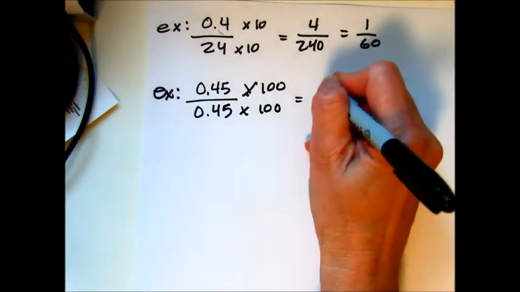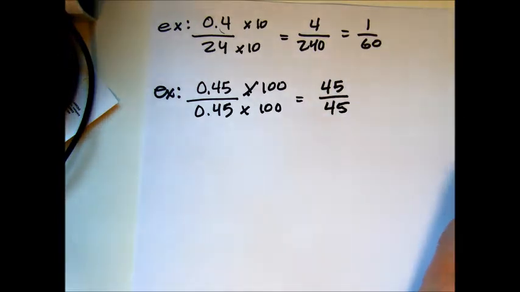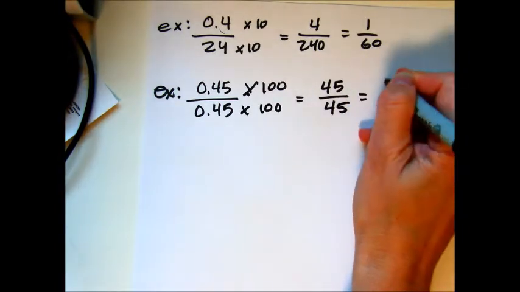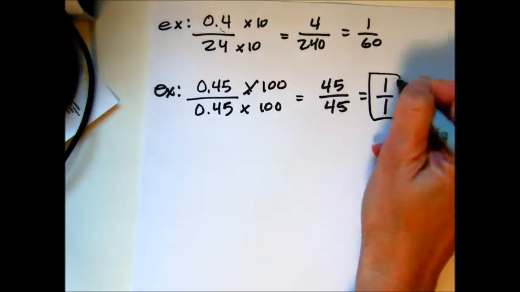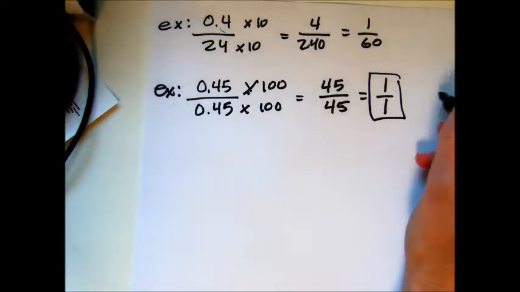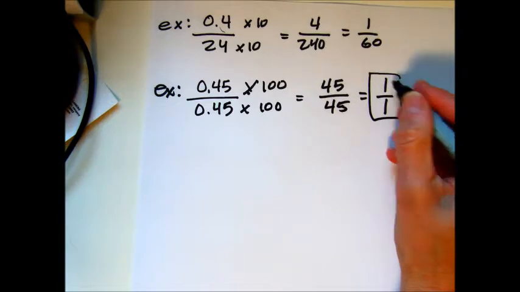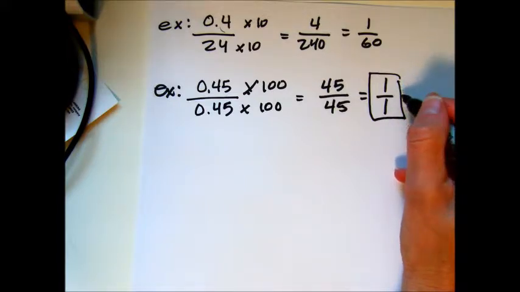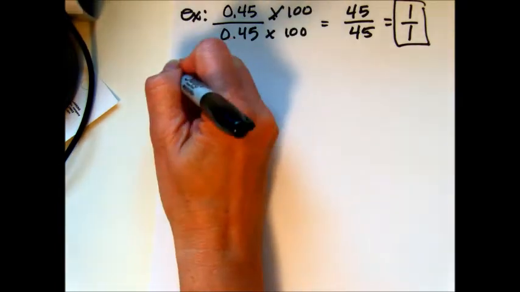And that's going to change that to 45 over 45. And I could reduce that. 45 goes into 45 1 time. So I've got 1 over 1. But again, I'm just going to leave it here. Don't change it to 1. That would be incorrect, because these values are representing something like cats to dogs or whatever. You can think of an example.